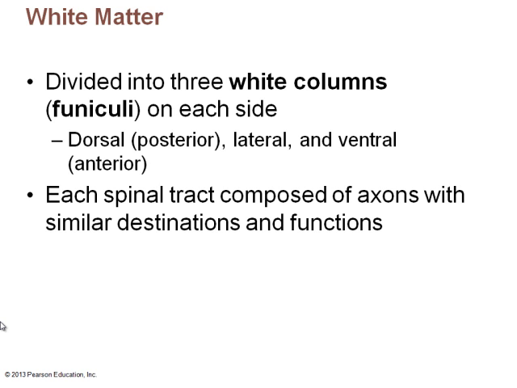We have three different major white columns on each side, left and right, controlling what? The left and right sides of your body. Dorsal posterior, lateral, and ventral anterior white columns.